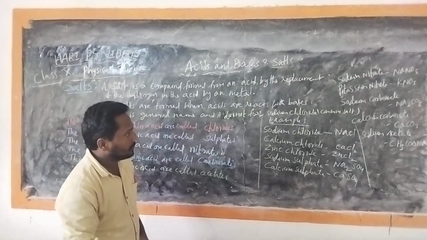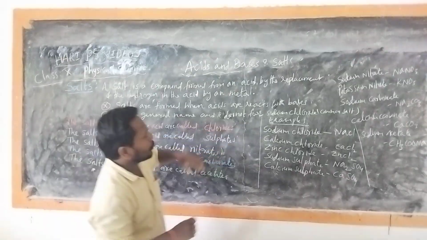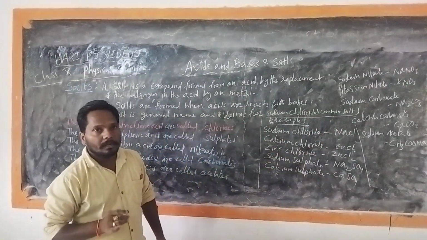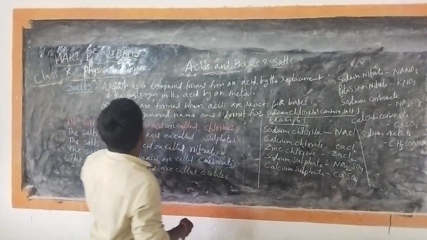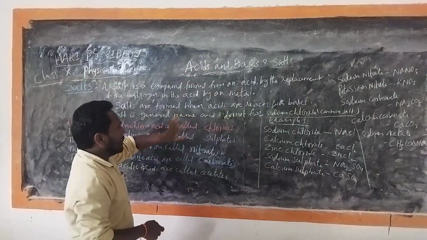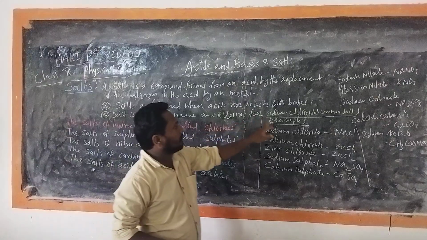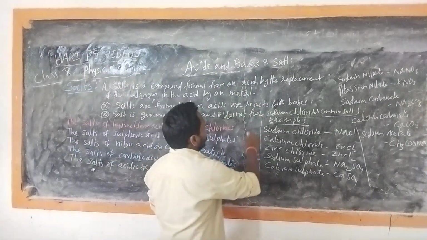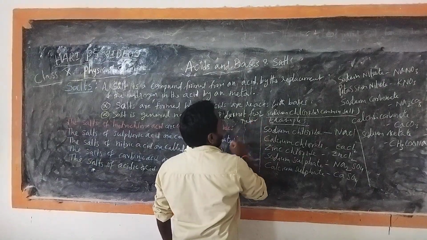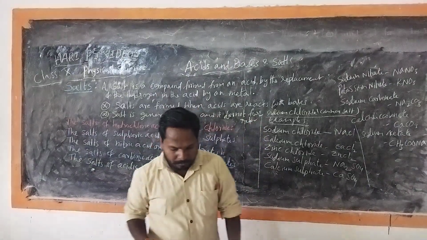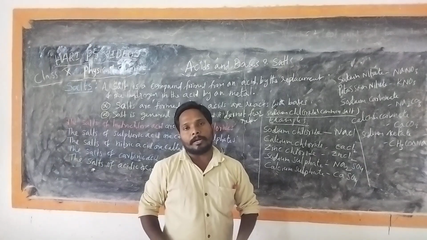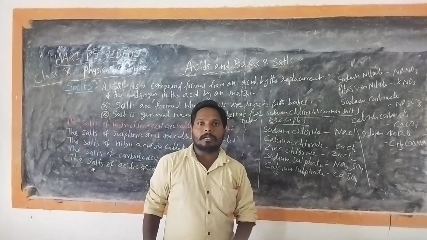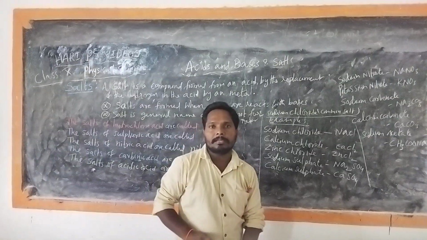For example, sodium chloride is a common salt. Salt does not refer only to sodium chloride. Sodium chloride is the chemical name for common salt.